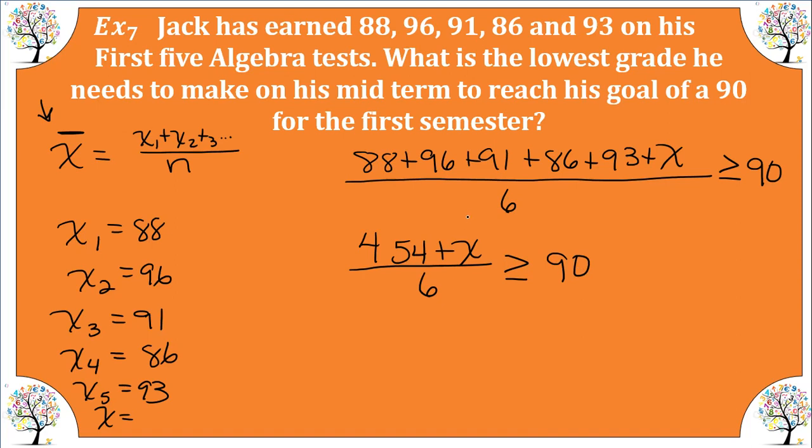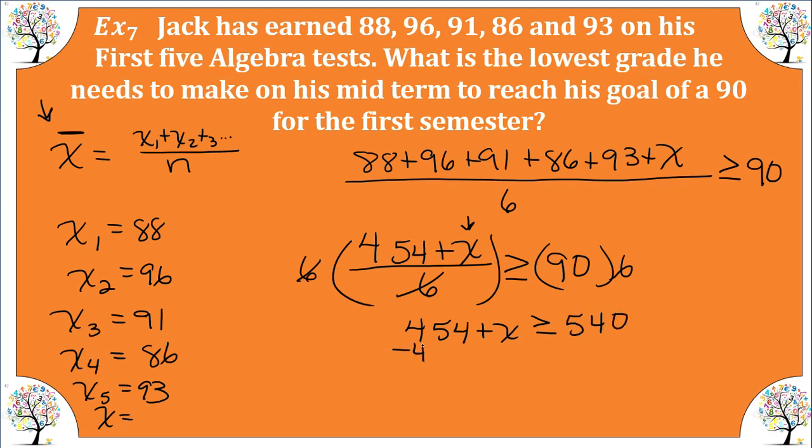Now we are solving to find out what x needs to be to meet my goal of 90 or better. So we have to multiply both sides times 6. Plus x is greater or equal to, so 90 times 6 is 540, and I'm going to subtract out 454, and x needs to be greater or equal to, that looks like that's going to be 6, I believe.